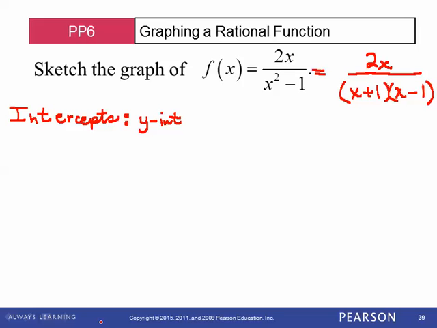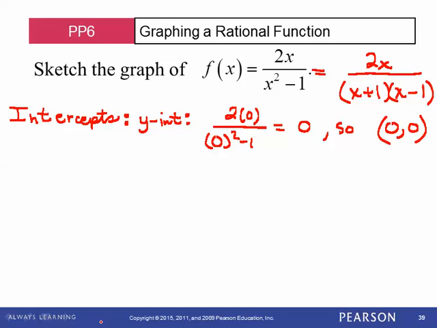A quick review with polynomials here: how do we find the y-intercept? Yep, set x equal to 0. Plug a 0 in for x and see what happens. I get a 0. So my y-intercept is 0.